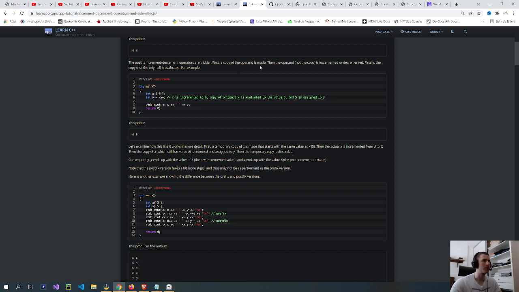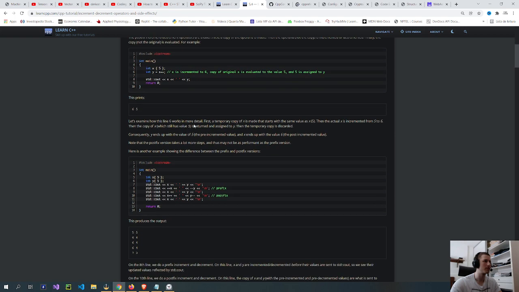First, a copy of the operand is made, then the operand, not the copy, is incremented or decremented. Finally, the copy, not the original, is evaluated. X is incremented to 6, a copy of the original X is evaluated to the value 5, and 5 is assigned to Y. This prints 6 and 5.